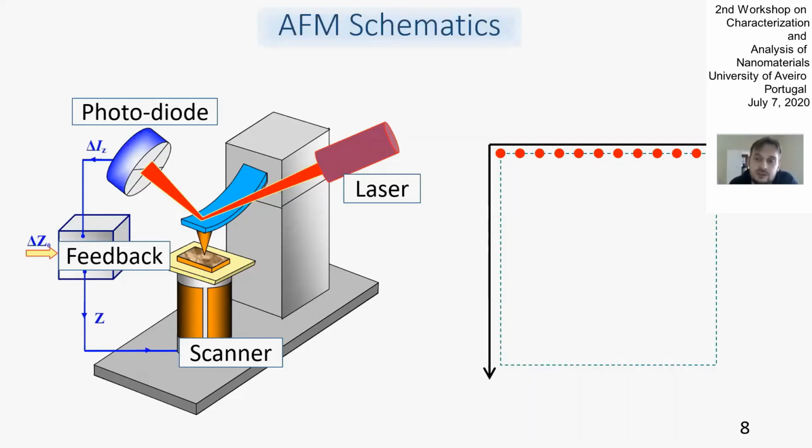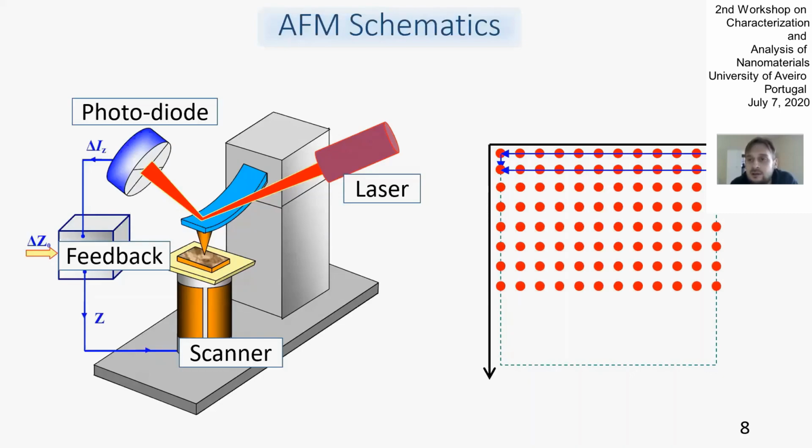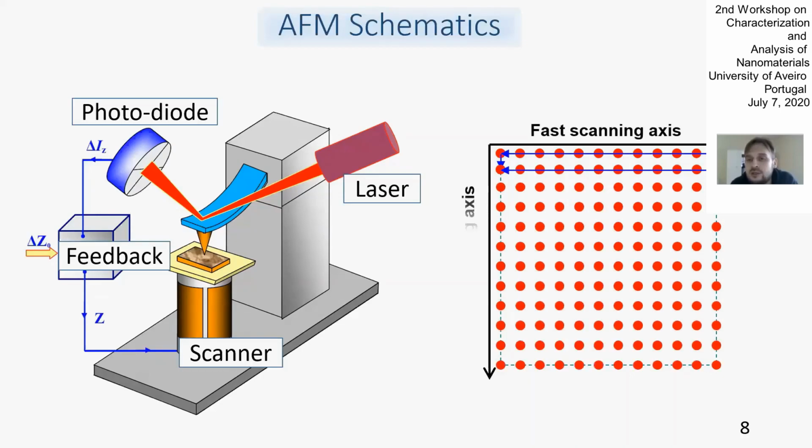We register the signal at each point, denoted by the red dots in this image, and we move the tip point by point in order to get the whole scan. We usually call the fast scanning direction and slow scanning direction the fast scanning axis and slow scanning axis. At each point we have a measured value, and after that we can represent it as an image.